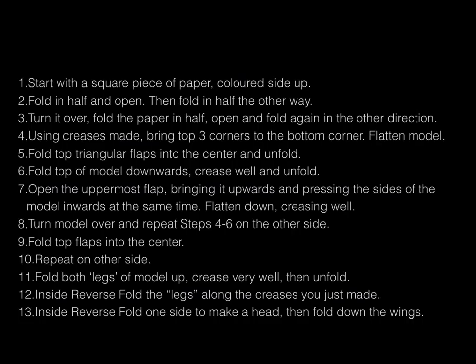Using the creases you have made, bring top 3 corners of the model down into the bottom corner. Flatten the model. 5. Fold top triangular flaps into center and unfold. 6. Fold the top of the model downward and crease well and unfold. And so on and so forth.